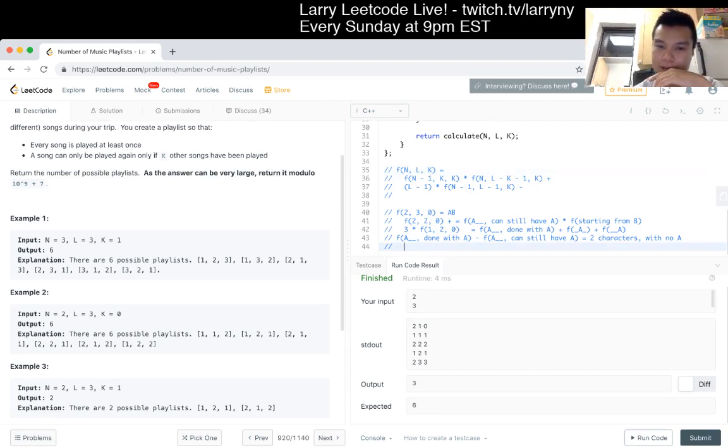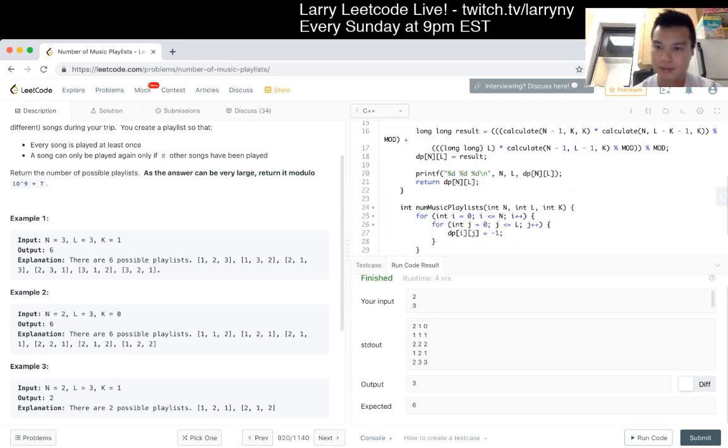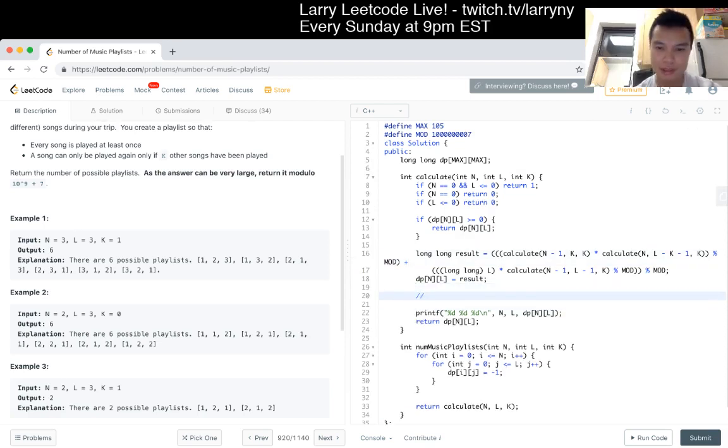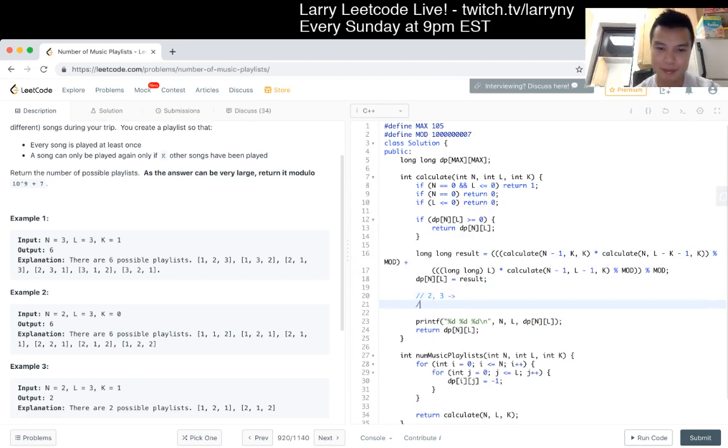Okay, so what does this mean? Given 2, 3, we go to, so we choose the first letter as 1 because we have to.